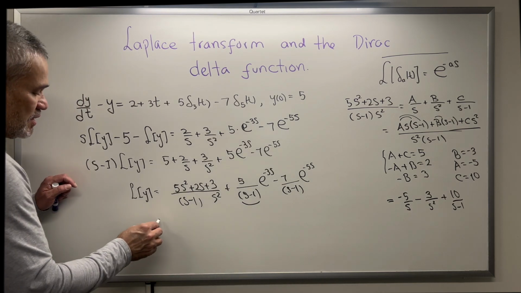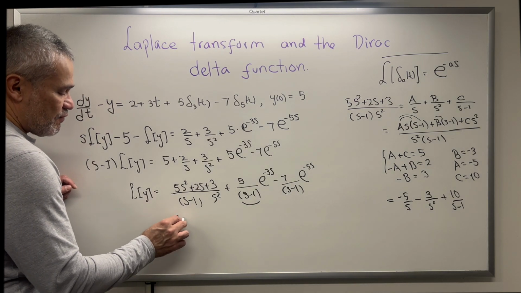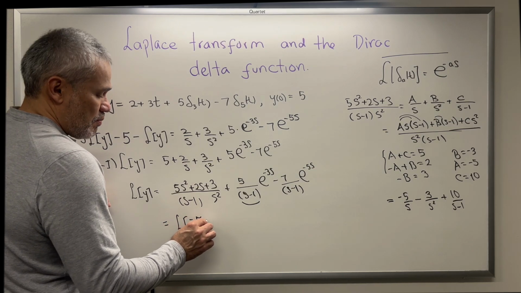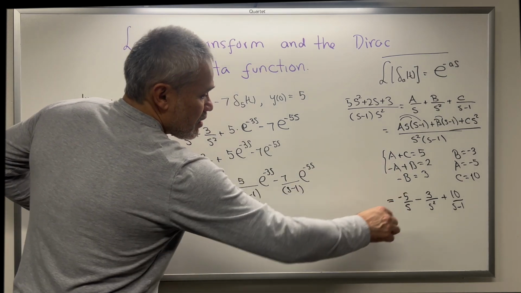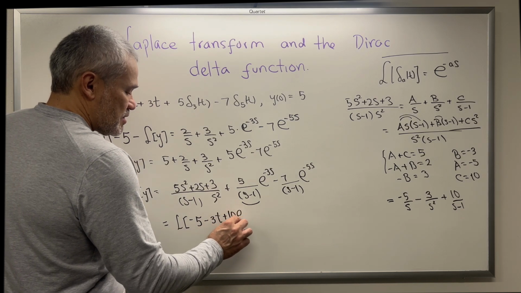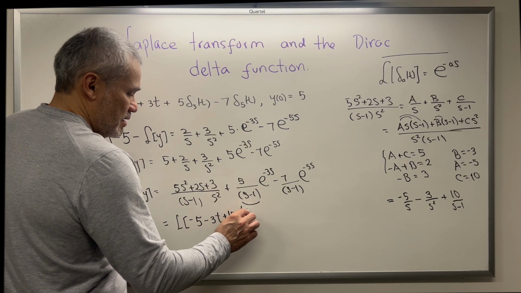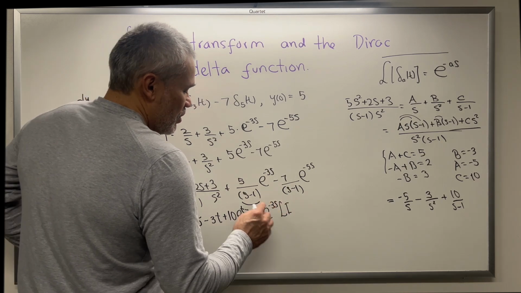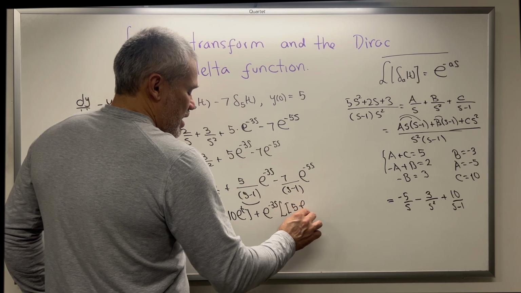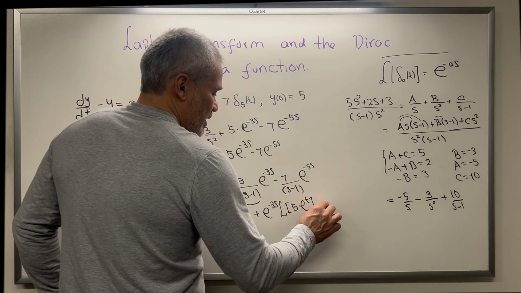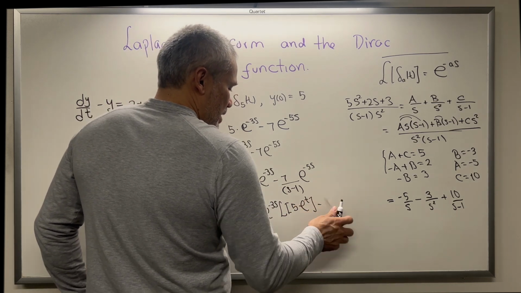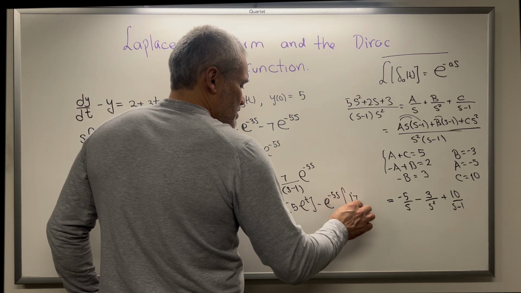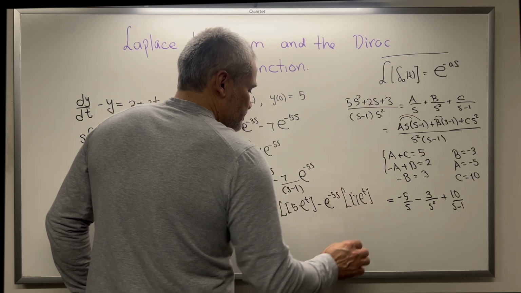And then I can continue saying that this is the Laplace transform of negative 5 minus 3t plus 10 times e to the t, plus e to the negative 3s times the Laplace transform of 5e to the t, minus 7 times e to the negative 5s times the Laplace transform of 7 times e to the t.